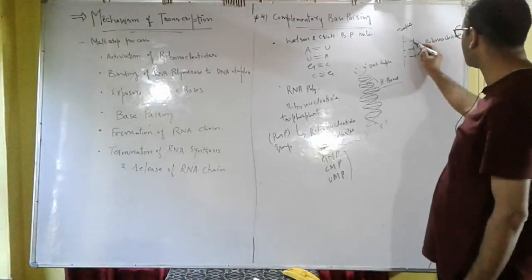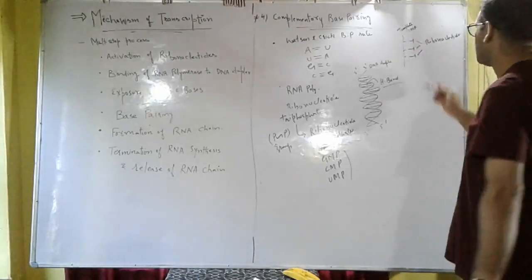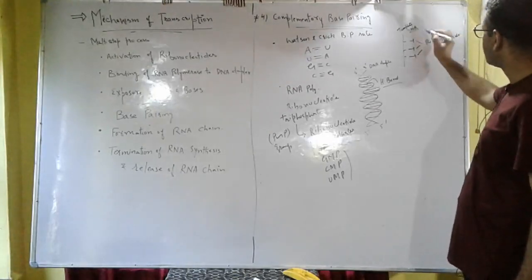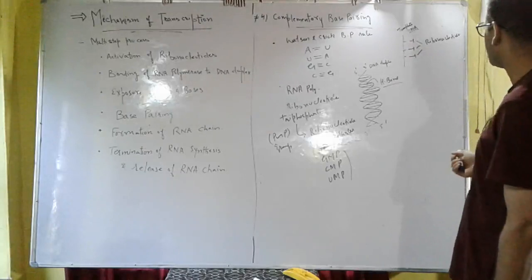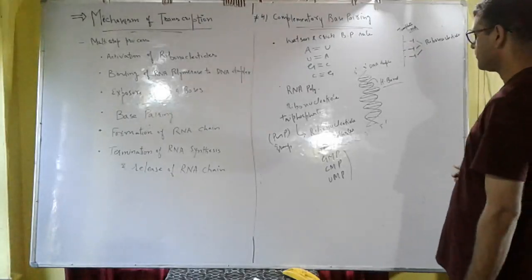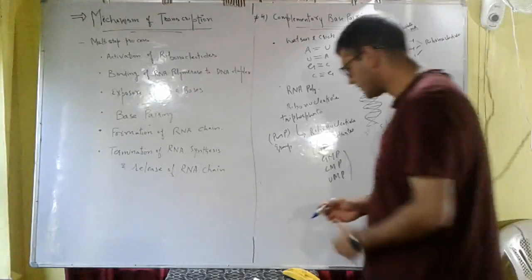These are ribonucleotides. They will attach to the template DNA according to the Watson-Crick base pairing rule. This is the template DNA, and the ribonucleotides will attach according to the Watson-Crick base pairing rule. This will be like this.